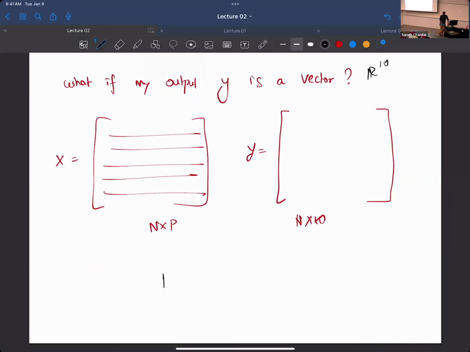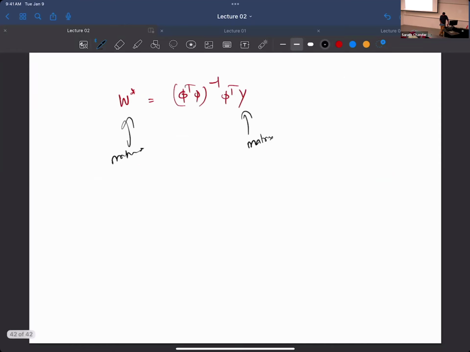Can someone tell me what would be the size of the W matrix? P cross 10. Okay. Because you'll have a P vector for all the 10 outputs. So it's P cross 10. Okay, so I think we will stop here.